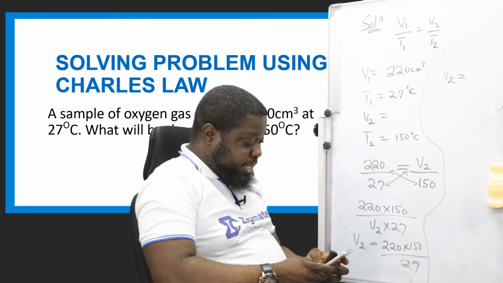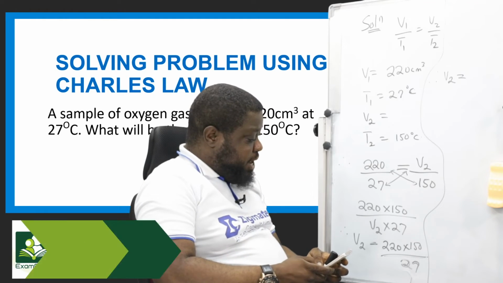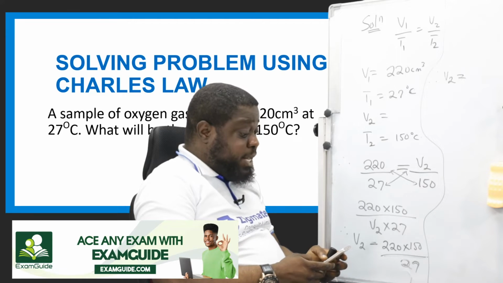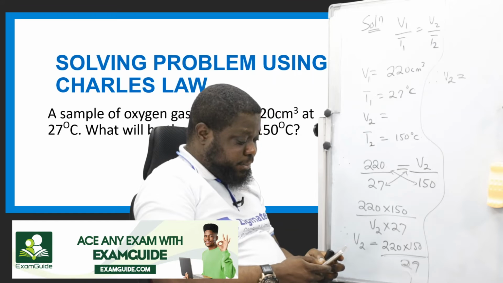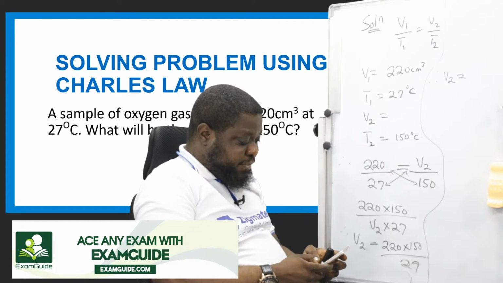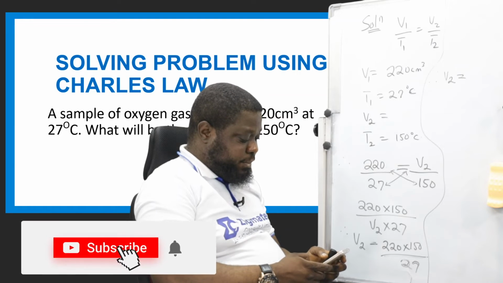When you calculate this, you get your V2. Let's get our answer and see: 220 times 150 divided by 27.